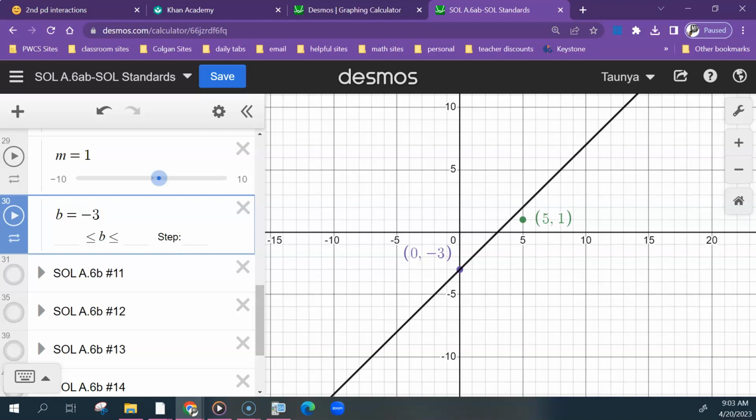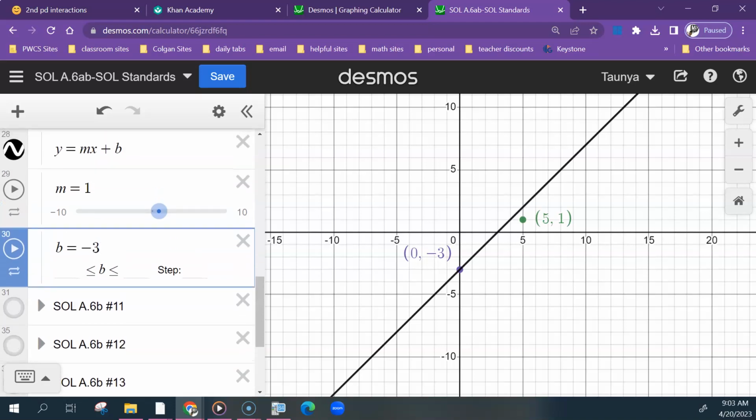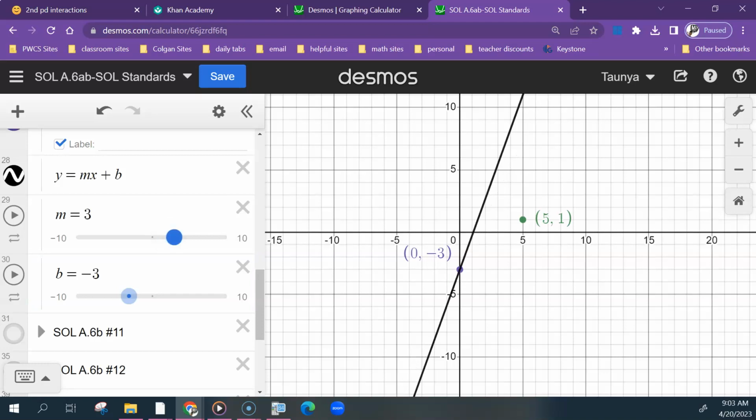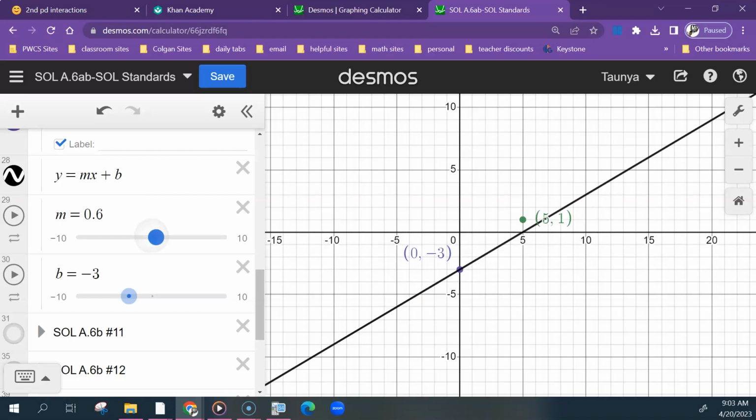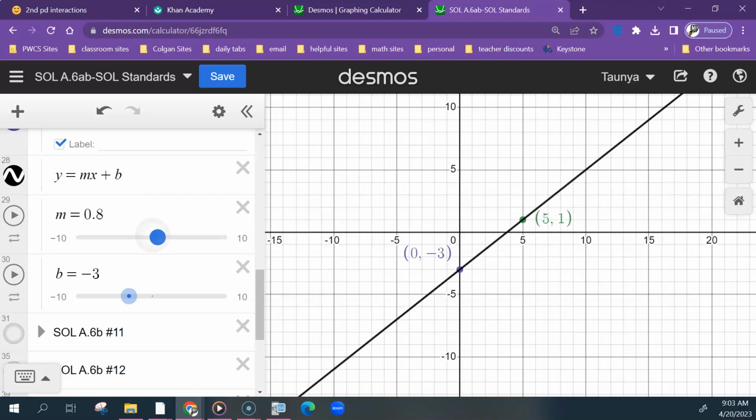Then we can play around with the slope until it goes through that point. So 0.8, so 4/5 is what we got. Only thing with this is you'll have to change it to a fraction if it's looking for a fraction.